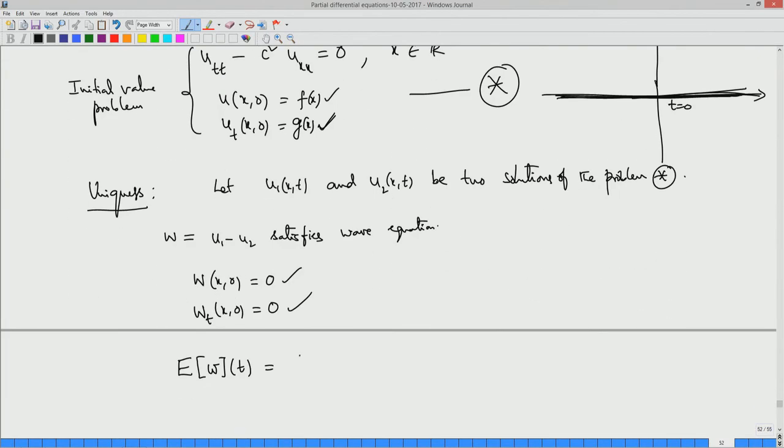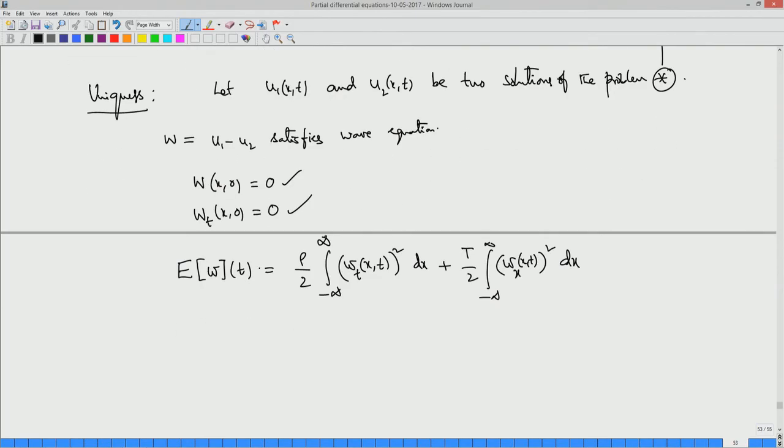This energy is rho by 2, the kinetic energy, integral from minus infinity to infinity of w_t(x,t) whole square dx, plus T by 2 integral from minus infinity to infinity of w_x(x,t) whole square dx. This is the total energy. This is how I define it, and this is how we have seen it.